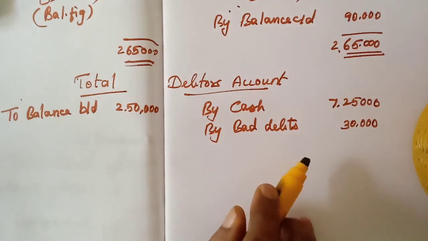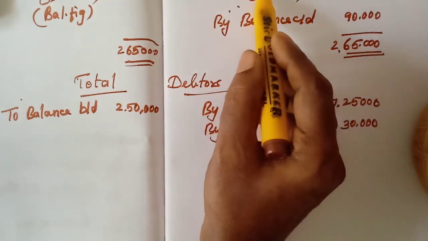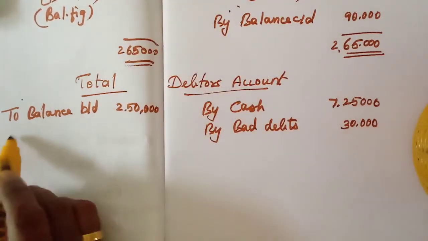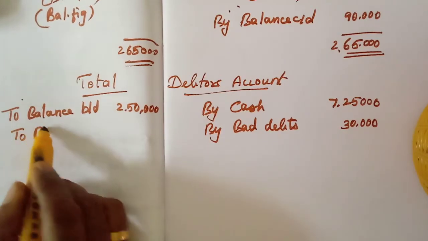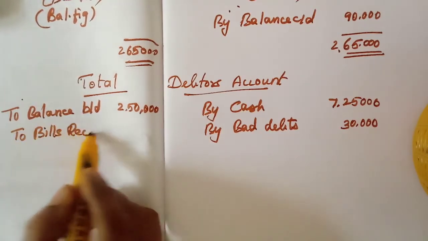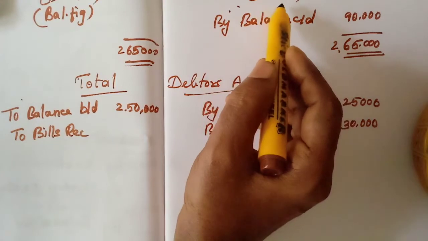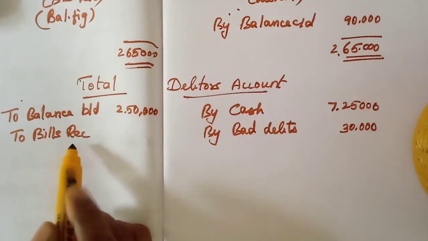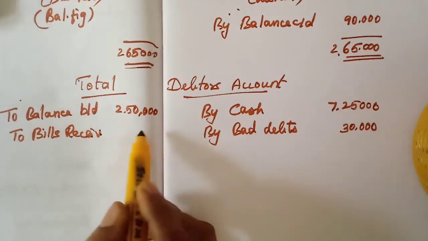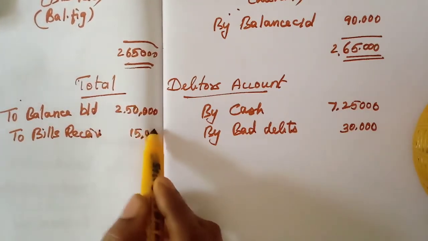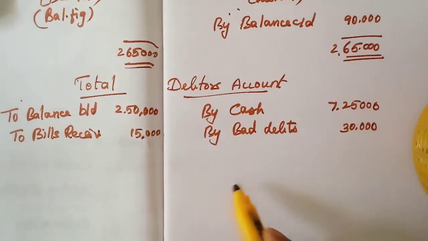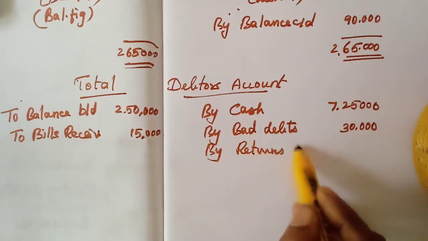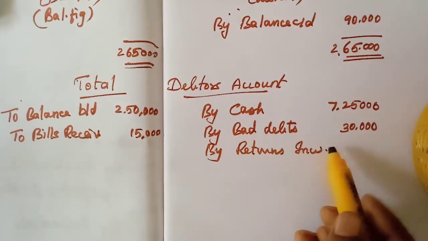Then here you see next, the bills receivable dishonored entry. Debtors account, debtor to bills receivable. So here it will come to bills receivable. I have told you, if it is credit, it will appear in the other account on the debit side. Okay, bills receivable 15,000. Then here returns inward, next item, 50,000.